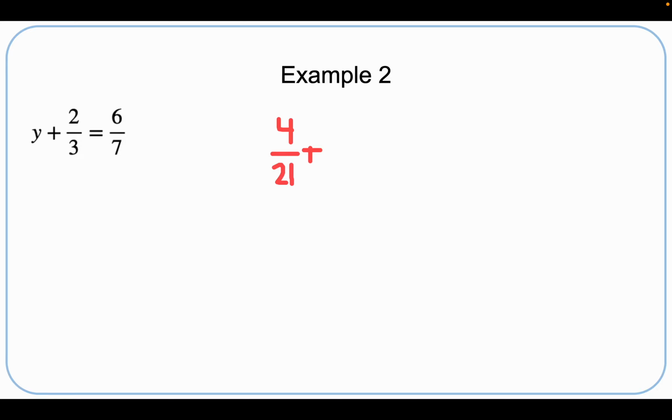Plus 2/3 equals 6 over 7. And again, we need common denominators here, which would be 21 again. So 4 over 21 plus, and we're multiplying these by 7, so 14 over 21.